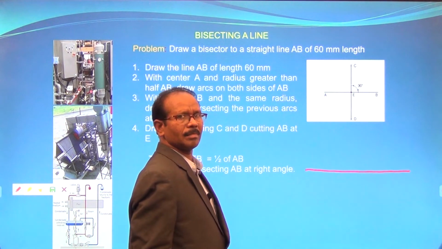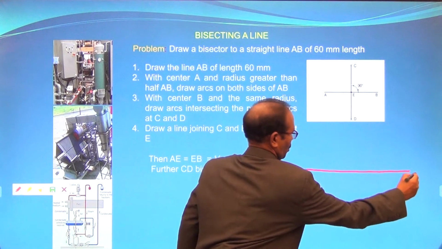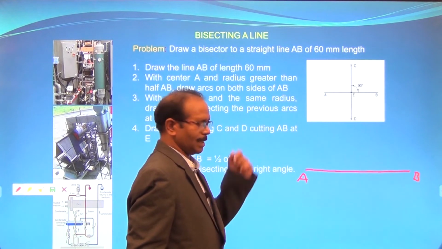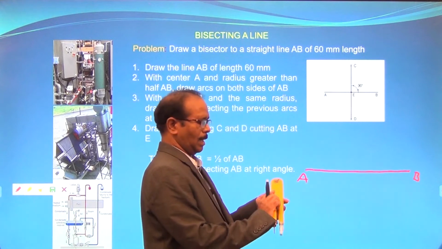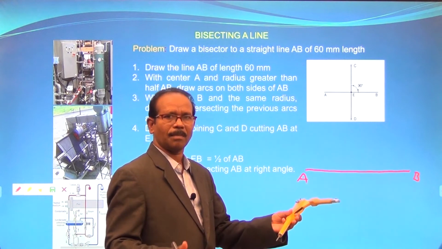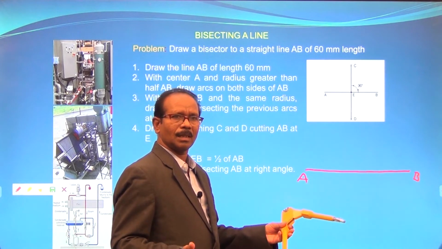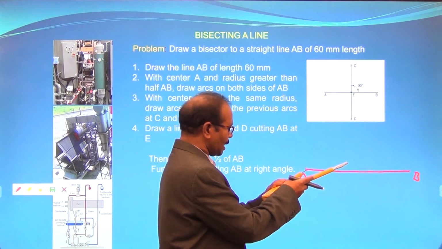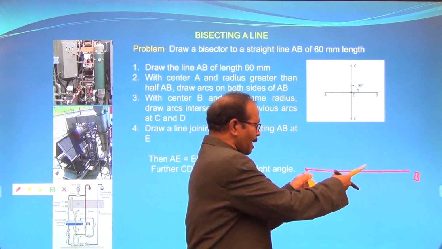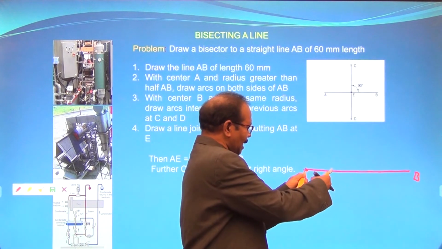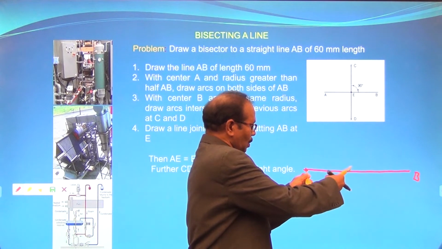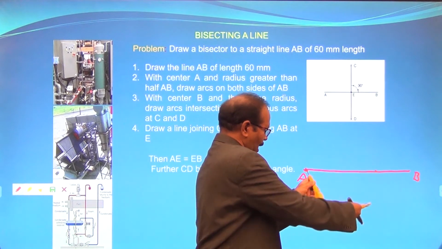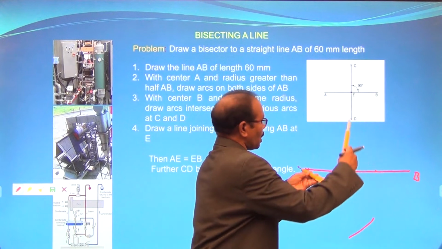Now the bisection procedure: take a tool, say a compass. With A as the center and more than half of AB as the radius, so that the radius is more than half of AB, draw one arc below and one arc above.